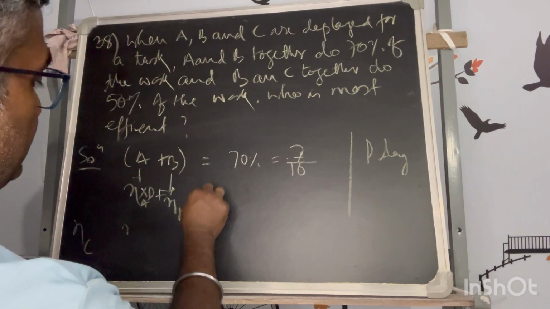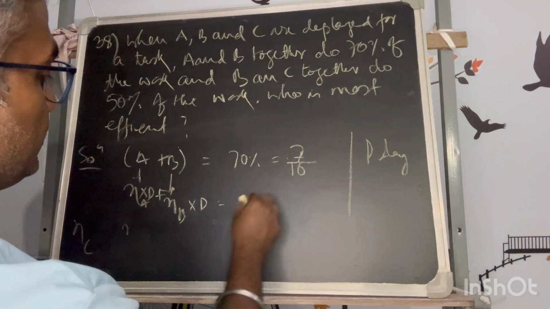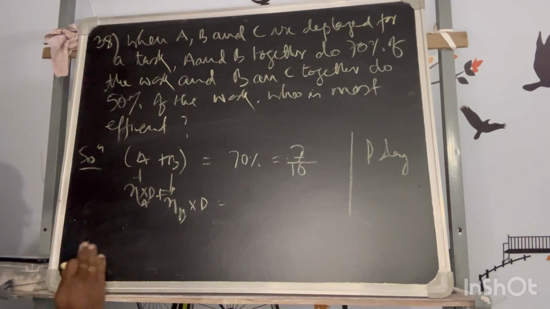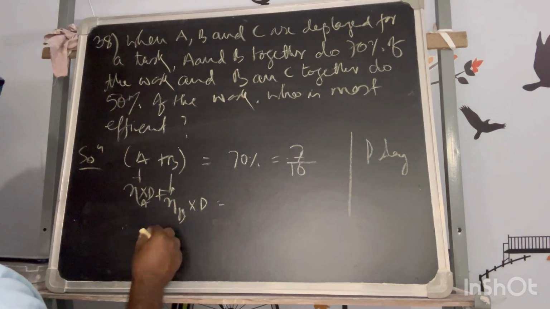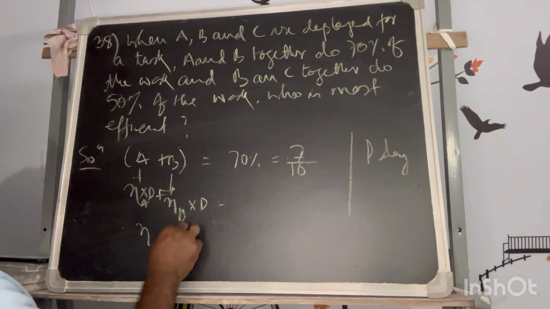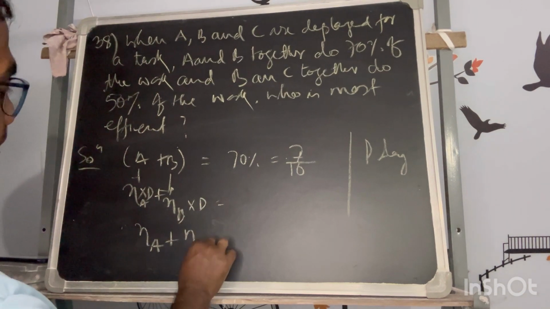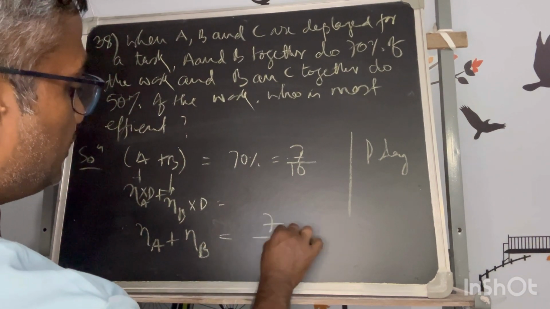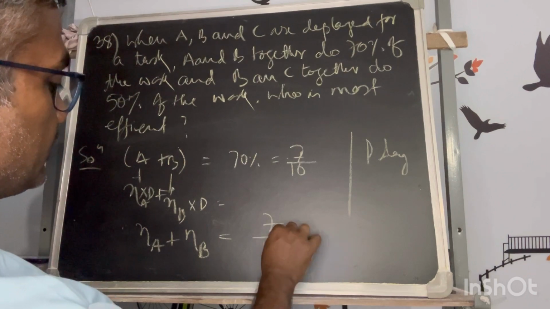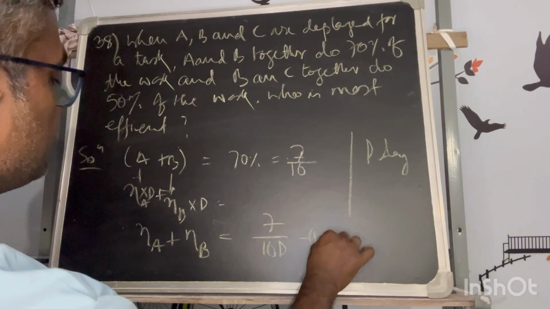Taking D common, efficiency of A plus efficiency of B is 7 upon 10D. This is equation 1.